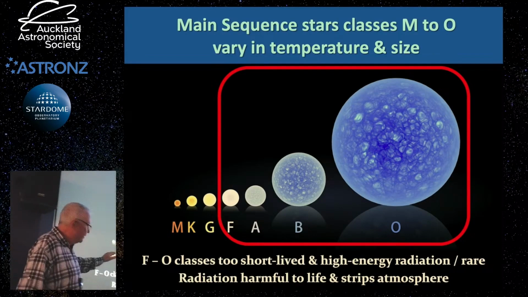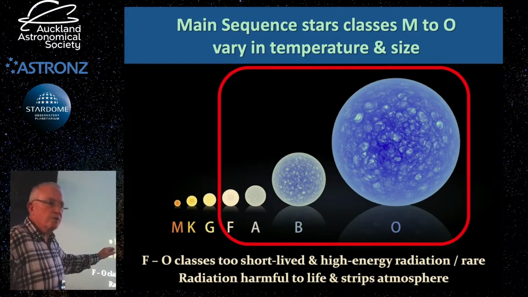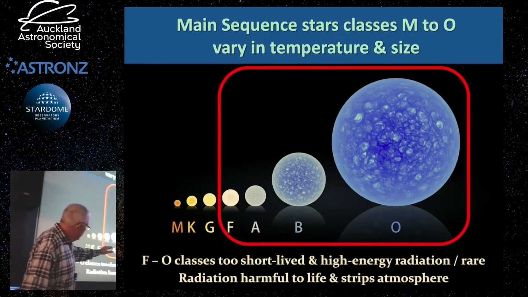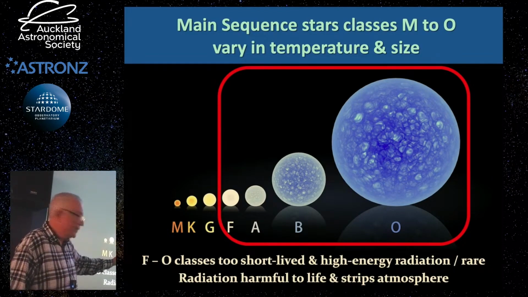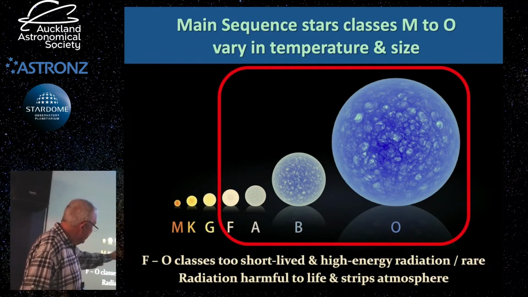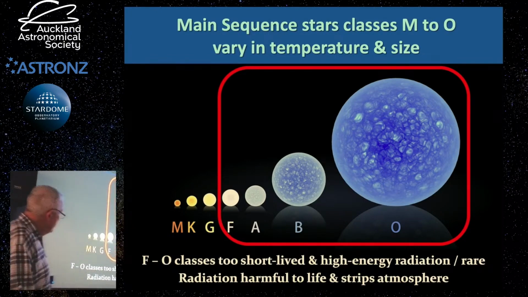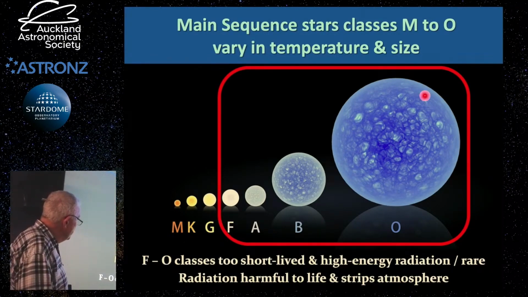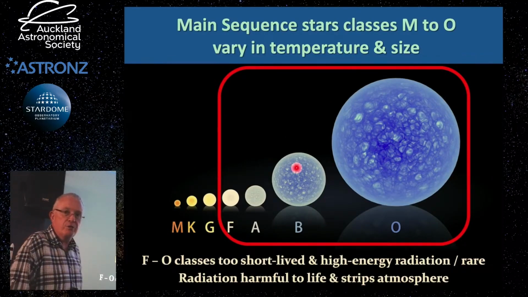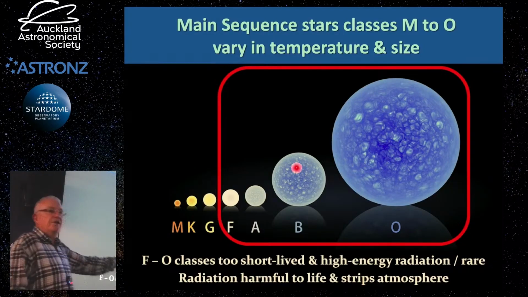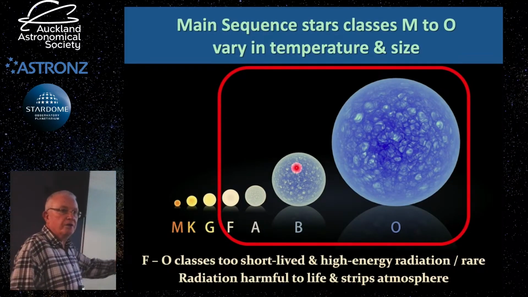They only live their lives in millions and very few billions of years. Furthermore, there's a lot of high energy radiation, which is going to wipe out any atmosphere or be destructive to life. And they're very rare: some are only 1 or 2%, these two are less than 1%, and these ones are only about 1% of all stars. Life has a bias for lots of small things and fewer larger things.